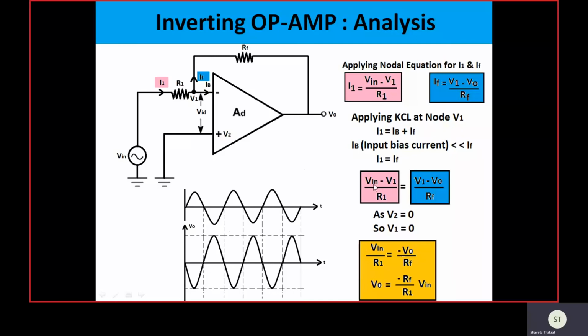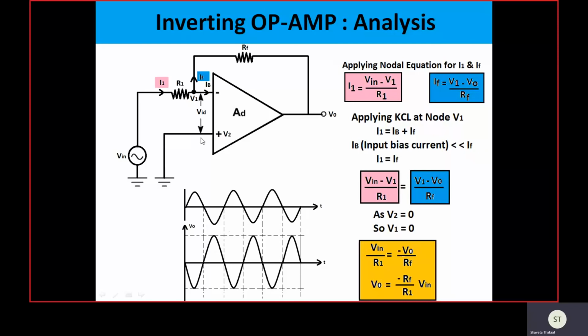So we have Vin minus V1 divided by R1. And if we calculate the feedback current, that is calculated between this node, that is V1, and this node, that is V0. In between the resistance here is RF. So we get the feedback current as V1 minus V0 divided by RF.